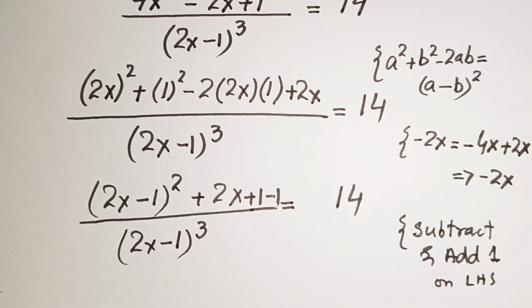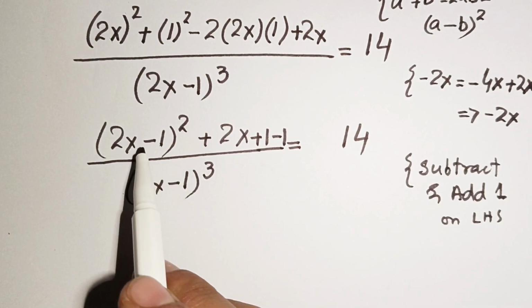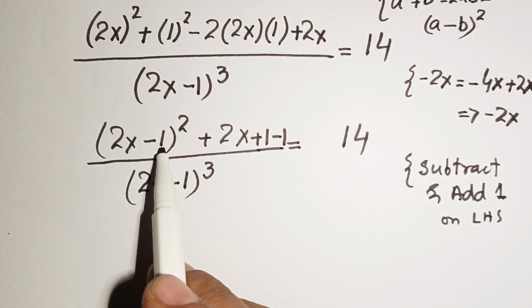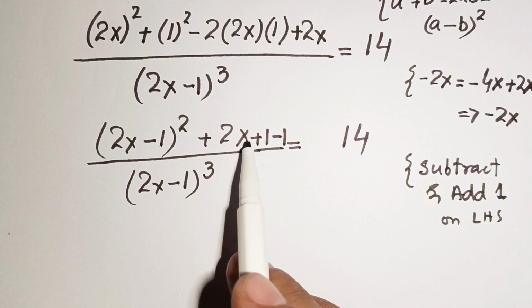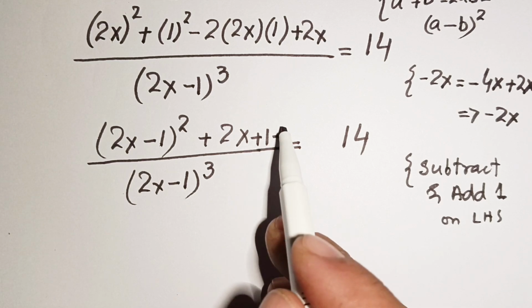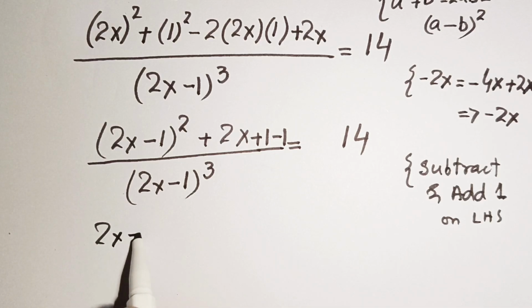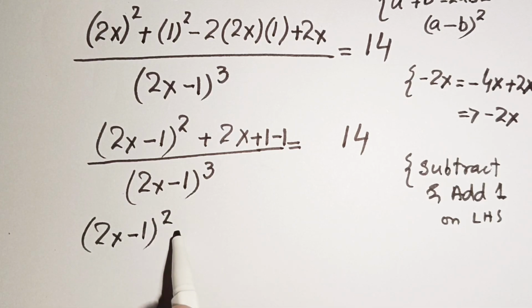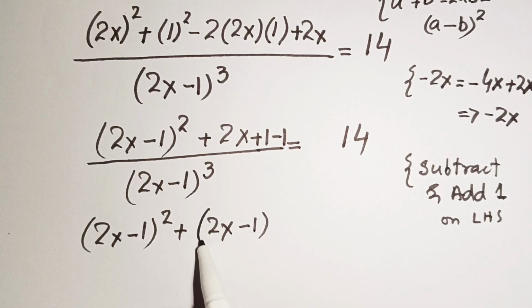There will be no difference by writing this plus 1 and minus 1. So if we take minus 1 with 2x, we get (2x minus 1) whole squared, plus 2x minus 1, and here we get plus 1.